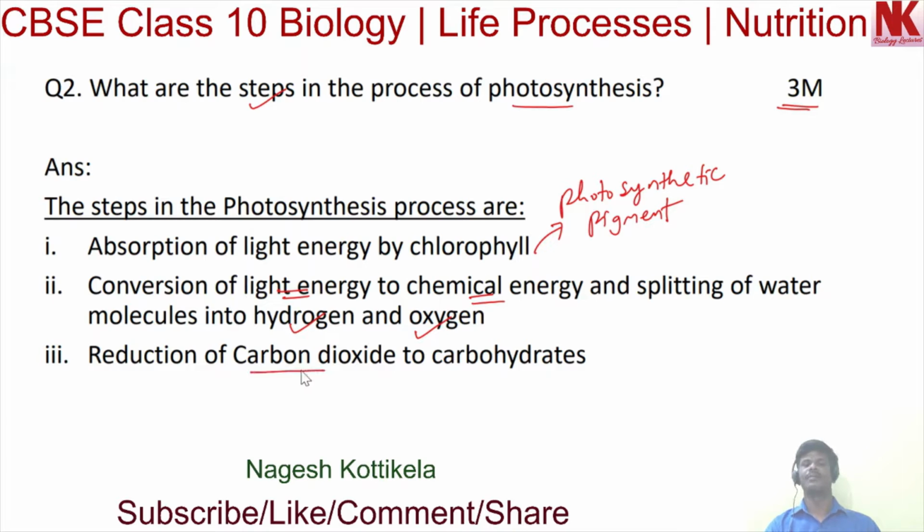So carbon dioxide is reduced to carbohydrates. These are the 3 steps in the mechanism of photosynthesis. It is not compulsory that all these steps occur one after the other immediately. It can differ from plant to plant.